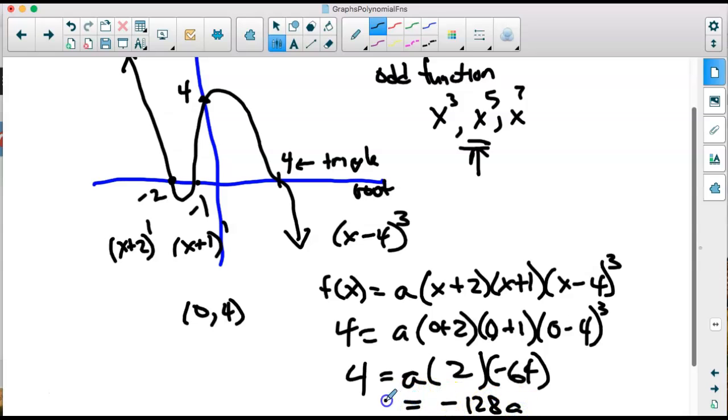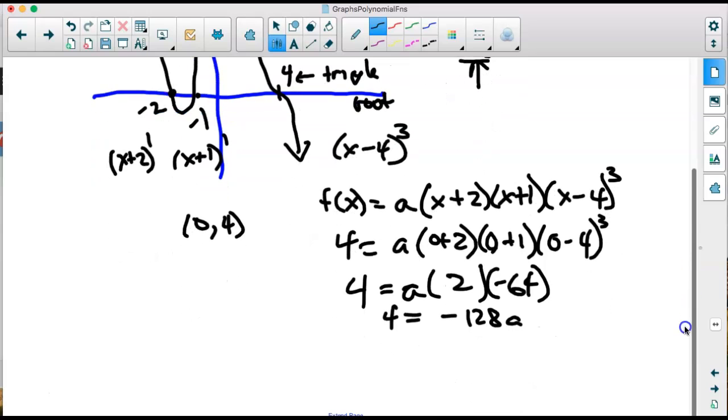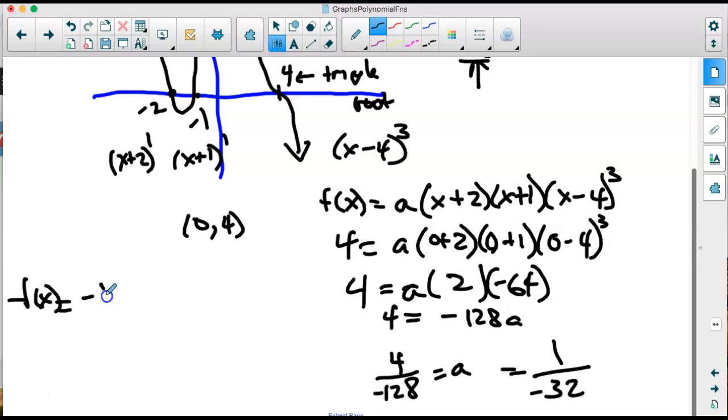So a equals 4 over negative 128. That reduces: 4 goes into 128 32 times. So that's going to be our a value. So our function for this is negative 1 over 32, x plus 2, x plus 1, x minus 4 to the 3rd power.